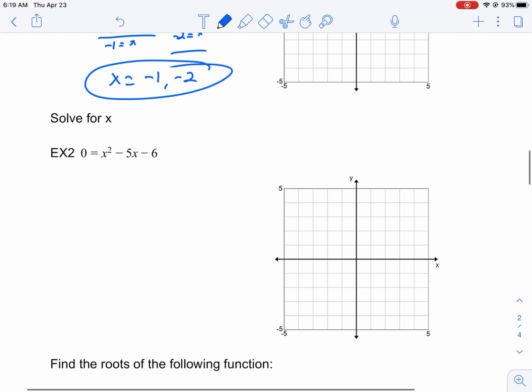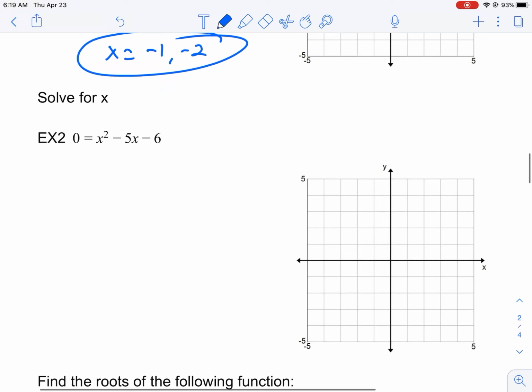So on the second one, we're going to do it again. All I'm doing is giving you different factoring now. So remember that 1 times the 6 is 6. 1 and 6, 2 and 3 are the factors. So we know that the last term says that the signs are, that is negative, so the signs are different.